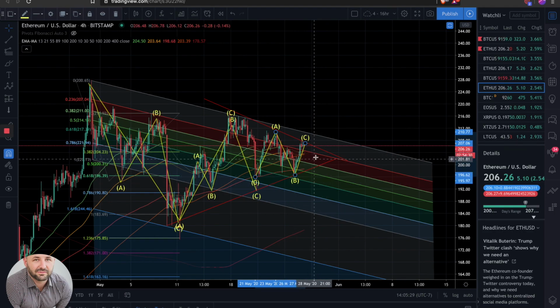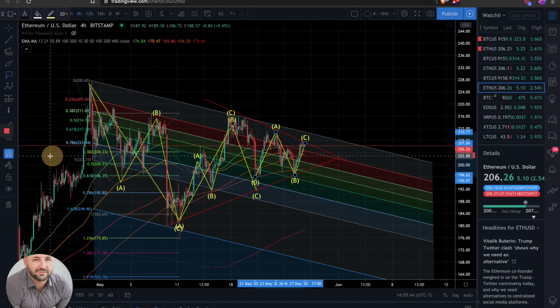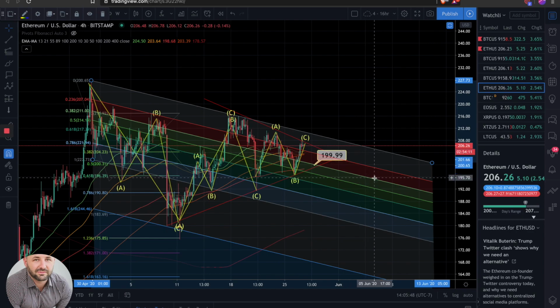But both are leading me to believe that we still need to come back down and reset roughly around the $200 mark, find that as support before we do continue to move up, if we do continue to move up. So I'll be looking for a retest somewhere around that $200 mark before we do move up. We absolutely can, especially if this is a flat correction right here.